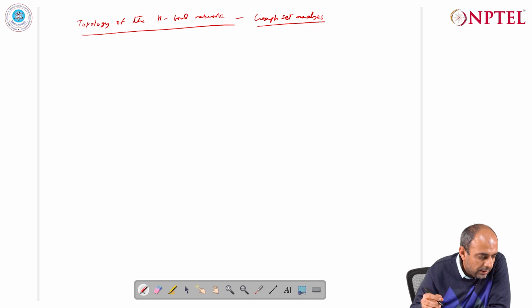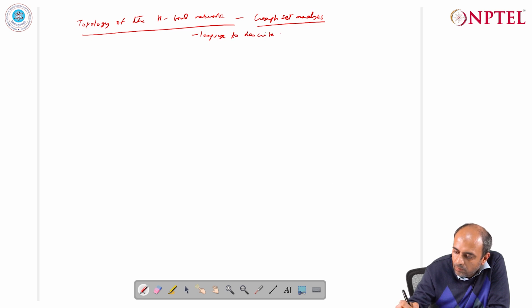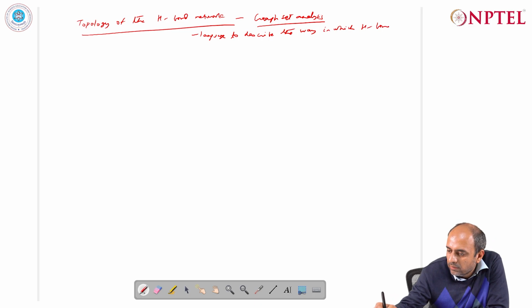The graph set analysis is the language to describe the way in which hydrogen bonded networks are formed in crystals.